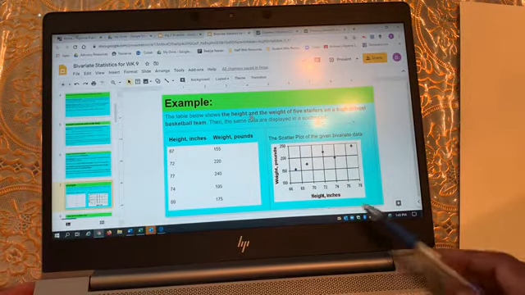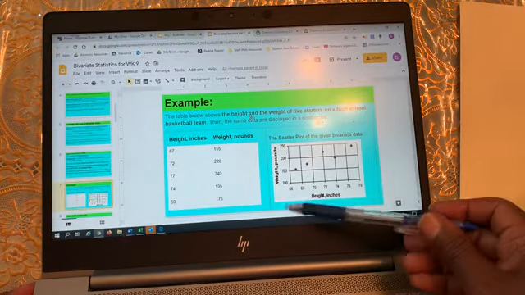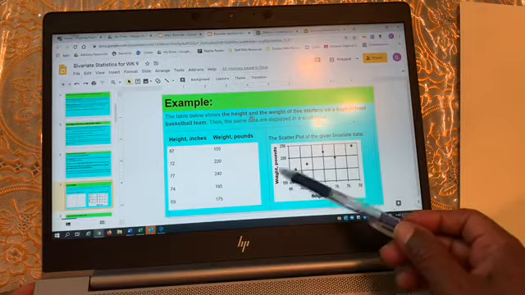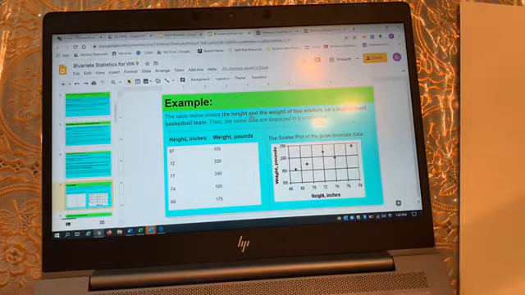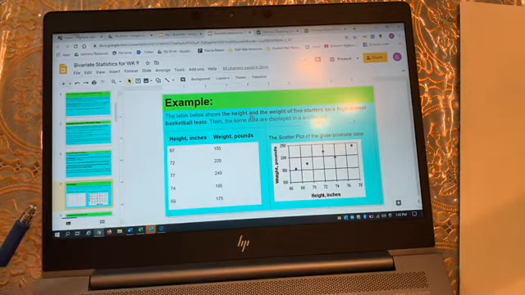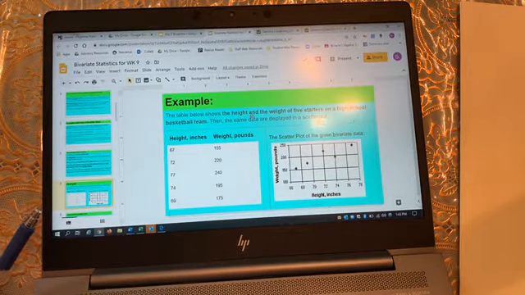So the scatter plot would be weight versus height. For each height, you are plotting the weight value. That is a scatter plot. Okay, so this is one way of studying bivariate data.